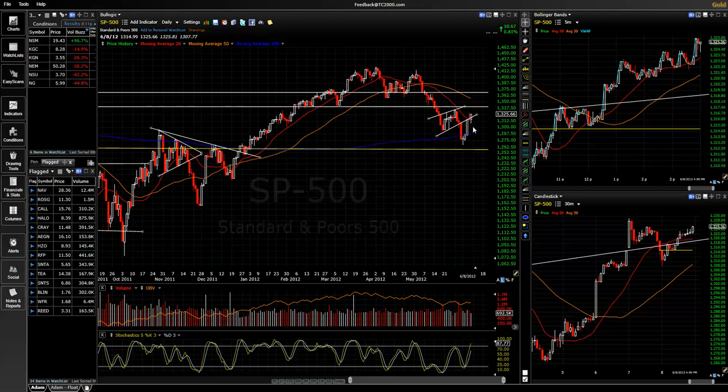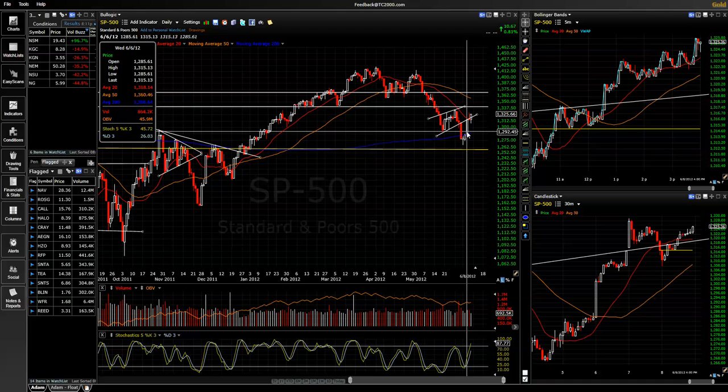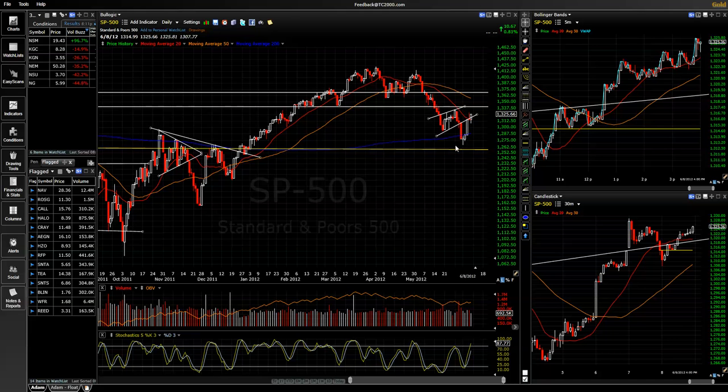I, for one, am not a big fan of gap ups. They're the hardest to trade. If a market gaps up 1%, how high is it going to run? You get a few runners that run to 2%, but usually it's a 1.5%, 1.2% run. And if you're already gapping up 1%, then you don't really have much room to push higher. So it makes it very difficult to take trades, both long and short.